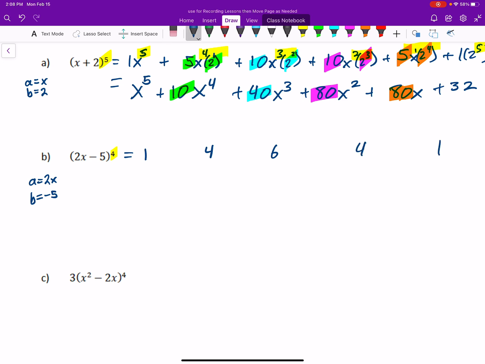Okay. So if a is 2x, I'm going to have 2x to the 4. Then I'm going to have 2x to the 3. And I'm going to go down with my exponent each time from there until I don't have one for the last term. If b is negative 5, I'm not going to put it in the first term, but I'm going to start with negative 5 to the 1, and I'm going to go up with my exponent from there.